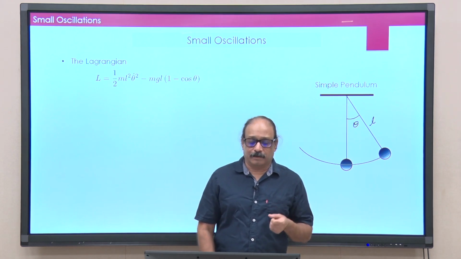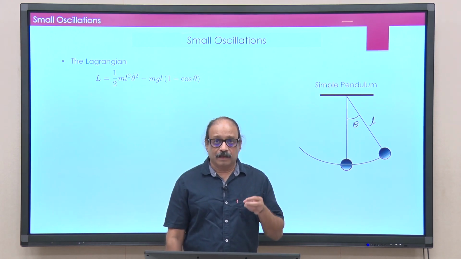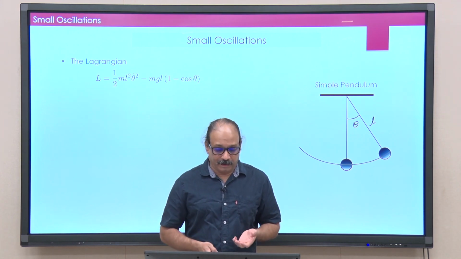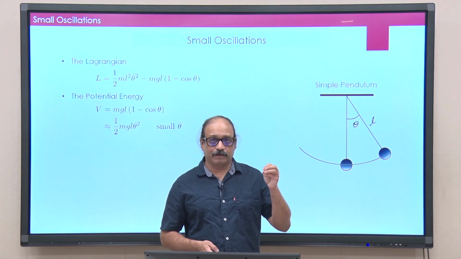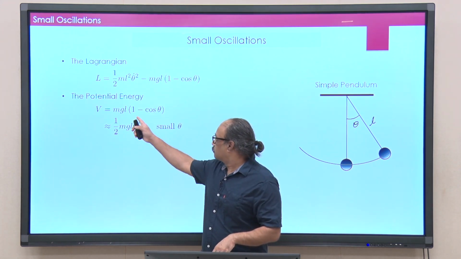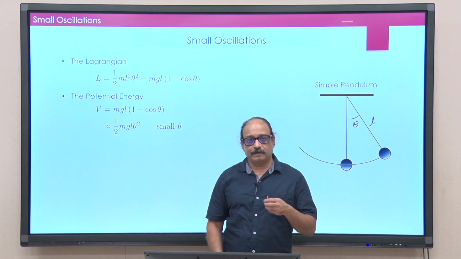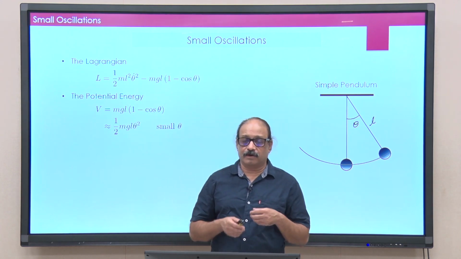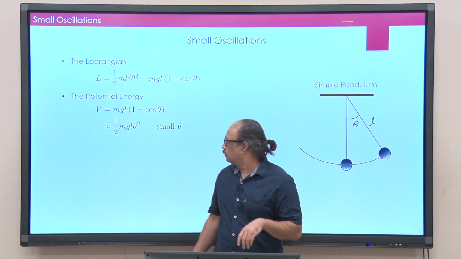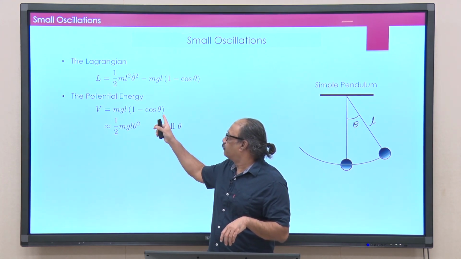And if you look at this pendulum problem, if theta is small, and this is the approximation we do all the time, then I look at the potential energy, which has this 1 minus cos theta, and I can make a Taylor expansion of cos theta about 0. If I do that Taylor expansion, then it will be 1 minus half theta square.